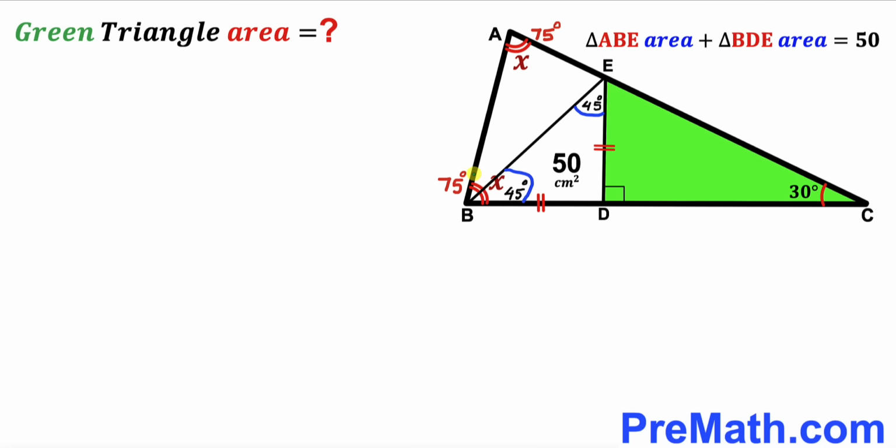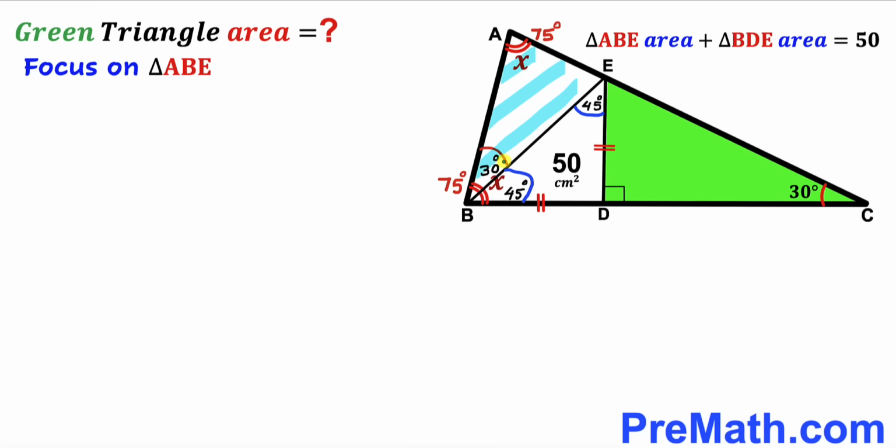Now let's make an observation. We can see that this whole angle is 75 degrees, and this part of the angle is 45 degrees. So this remaining angle has got to be 30 degrees. Now we are going to focus on this other triangle ABE.